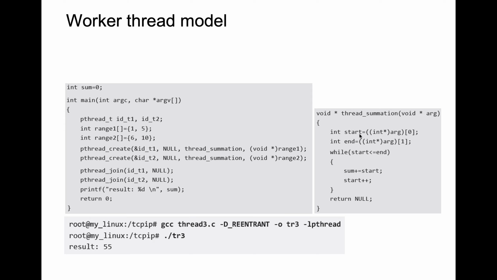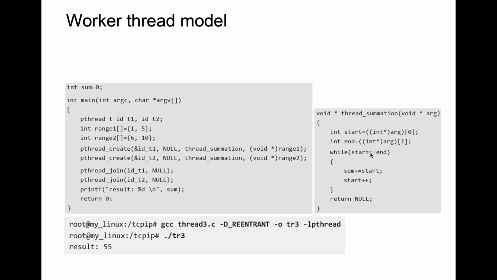And what the routine does is it starts from the first value of the argument, which is 1 in this case. The second, index 1, will be 5. So we have the start and end, which is 1, 5. And while start is smaller than end, while the value of 1 is smaller than 5, we are adding the value of start to the sum and incrementing start.